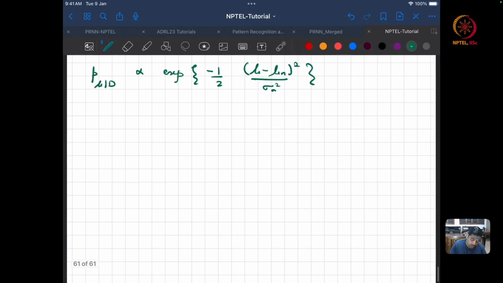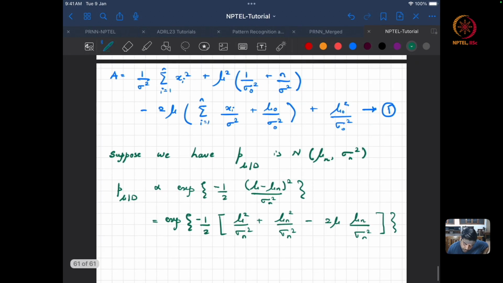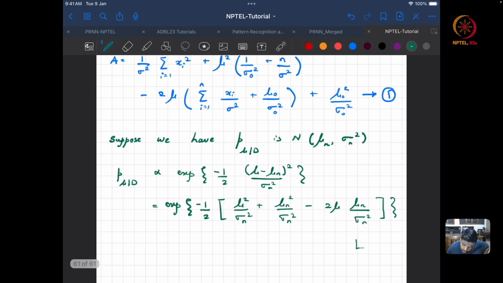Okay, so now this is the same as exp minus half (mu square divided by sigma n square plus mu n square divided by sigma n square minus 2 mu into mu n divided by sigma n square). Now consider this as equation 2.